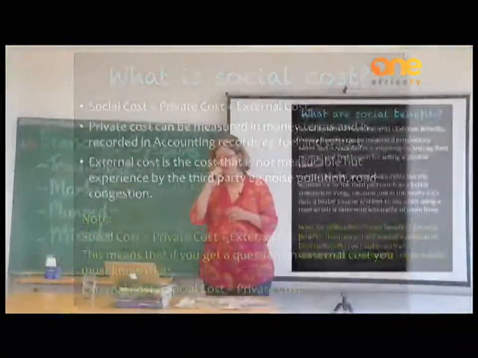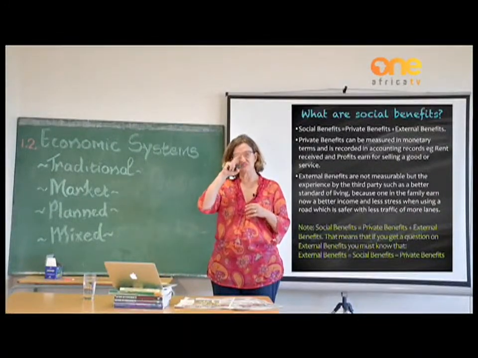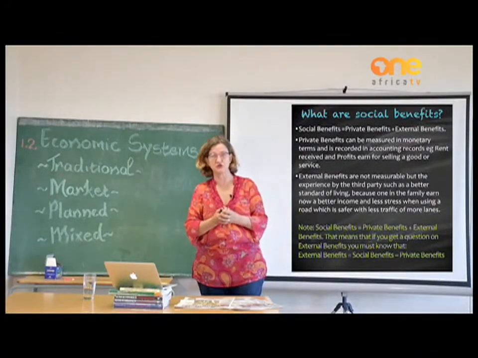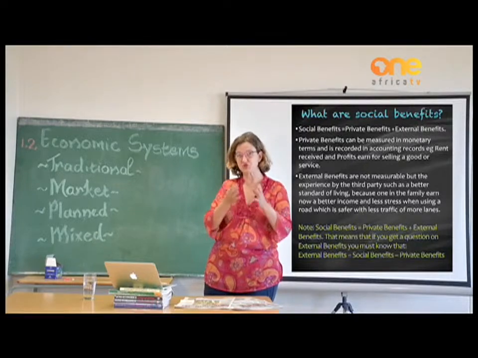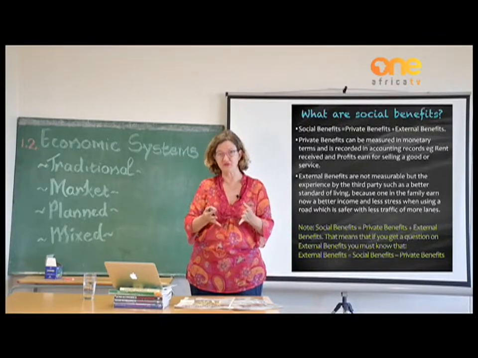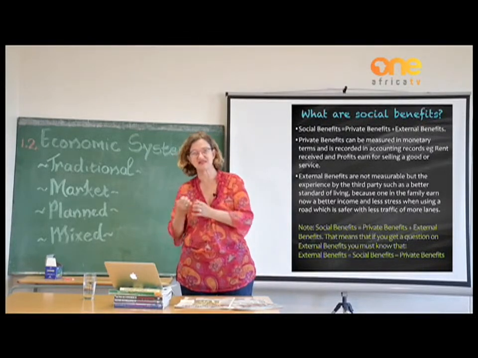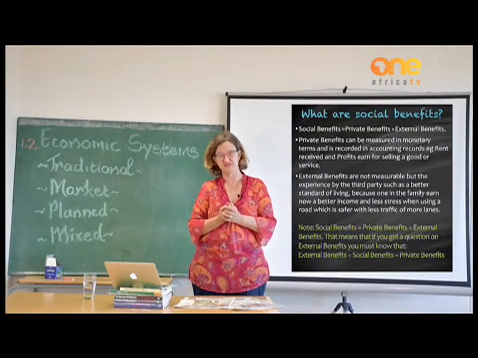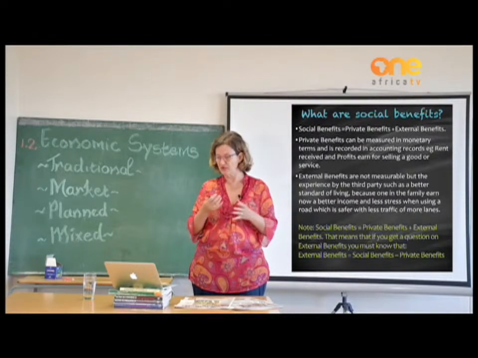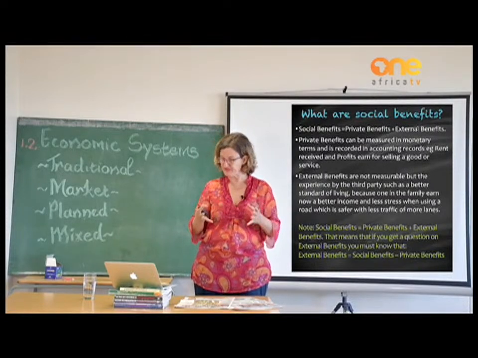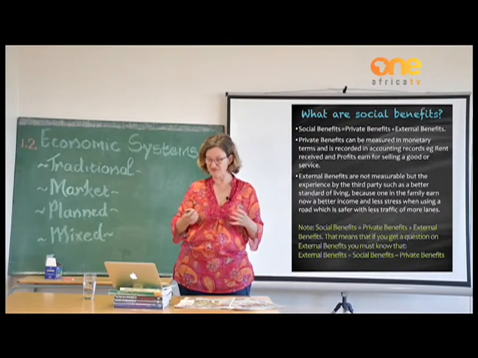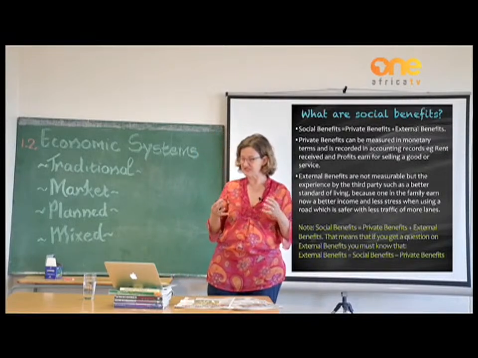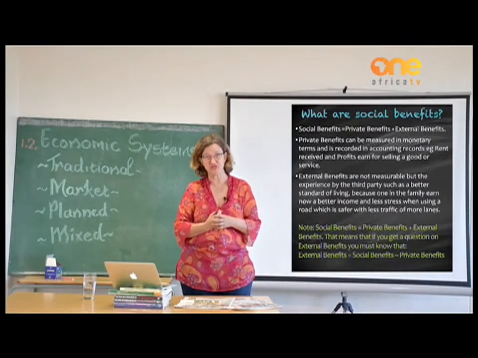Okay, then we have external benefits. This is just the opposite of external cost. With external benefits, you calculate the private benefits plus the external benefits, which gives you the social benefits. So if you ask me what private benefits are, this is a benefit that can be measured.